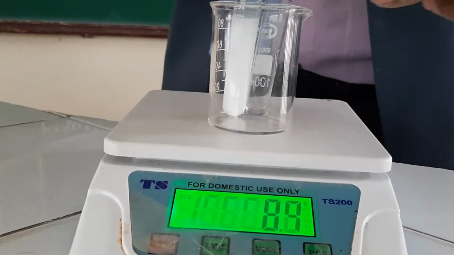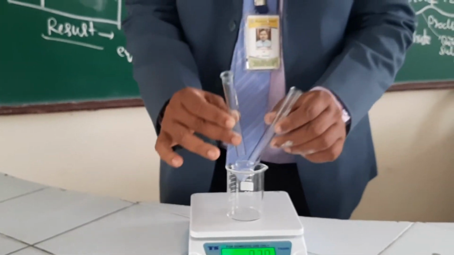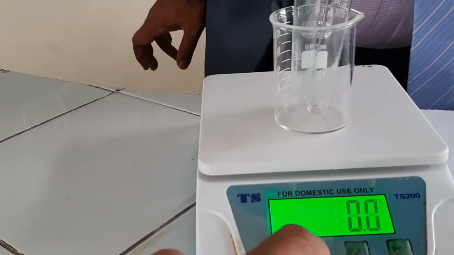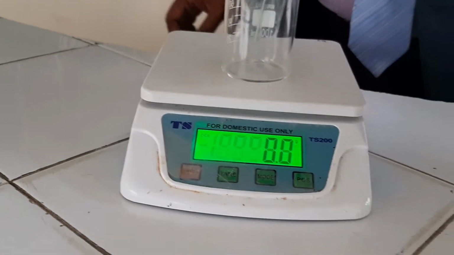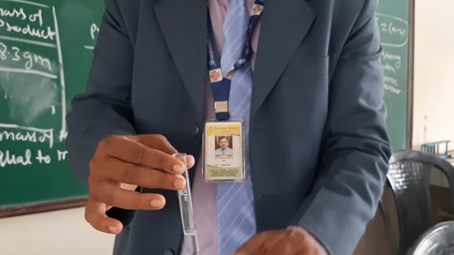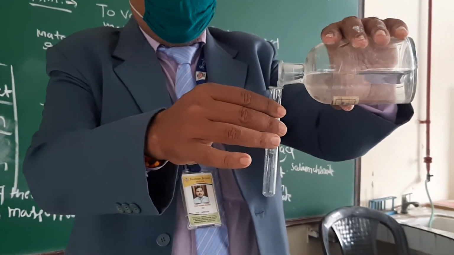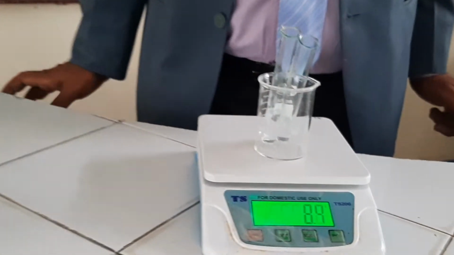Again we use 2 test tubes. Here see, it may be 0. Okay, we will take barium chloride in a test tube and sodium sulfate in another test tube, and take the mass of the reactants.